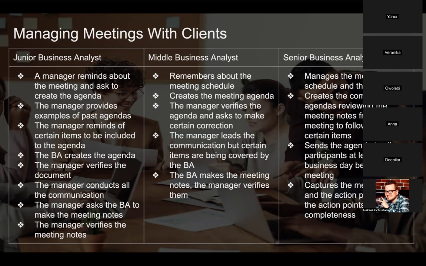And one of the skills that that business analyst should have is being able to conduct meetings with stakeholders, right? And assume these are regular weekly meetings, and in this company it is the business analyst's responsibility to conduct those meetings. So how would the level of professionalism influence what that business analyst can do, right?